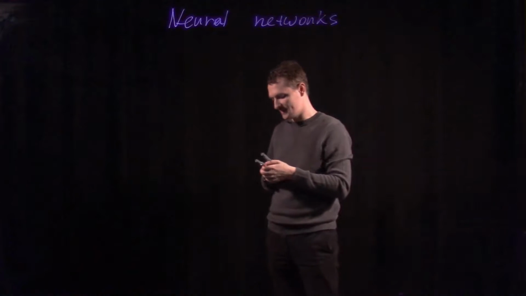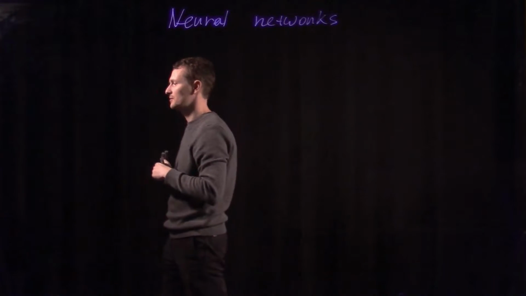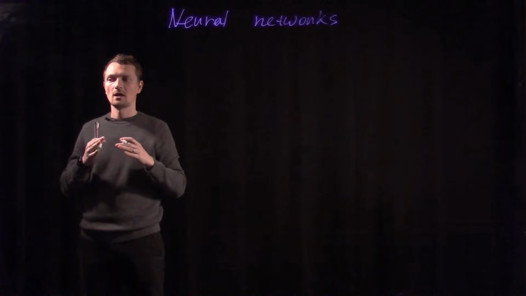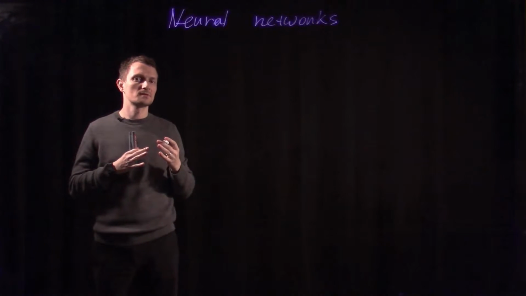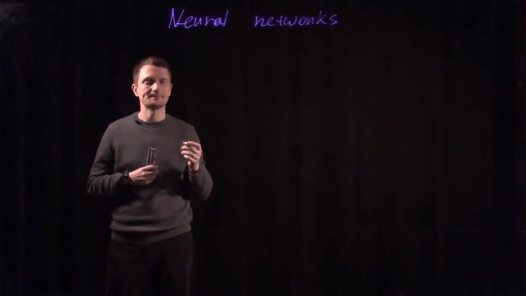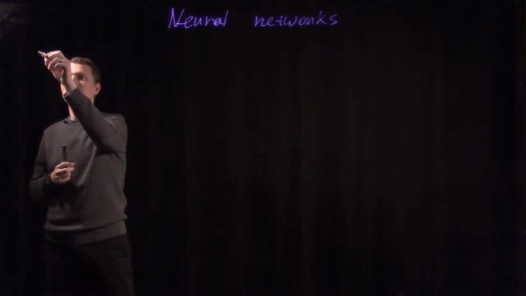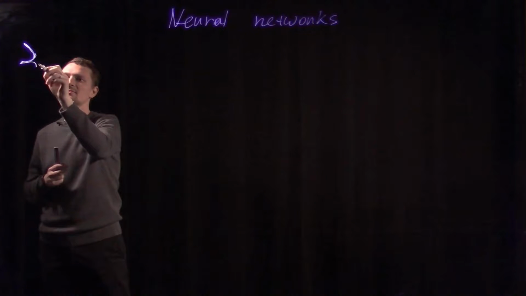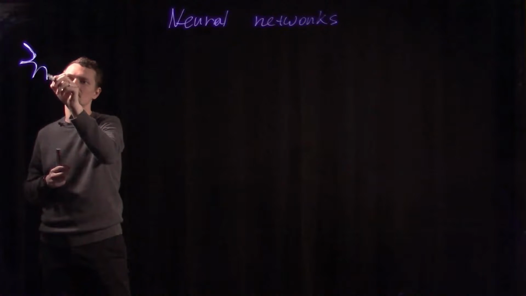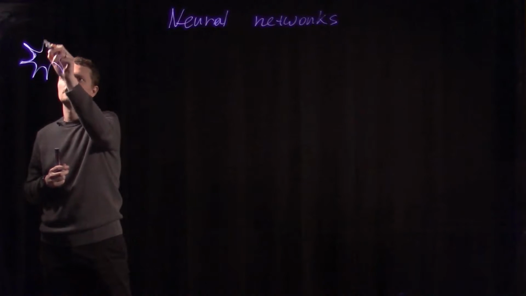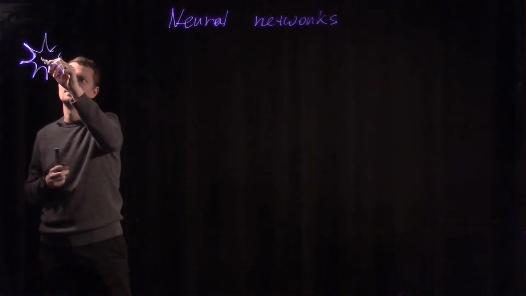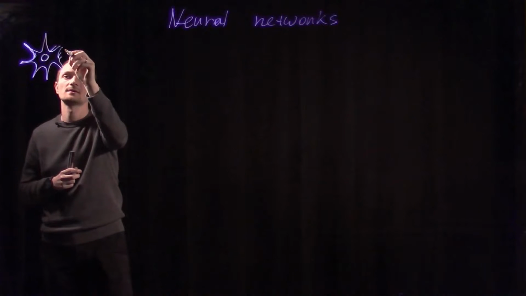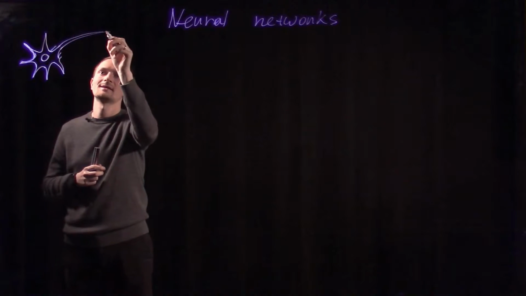The idea of artificial neural networks originated from biological neurons, or models of the neurons. The very basic idea of the model is that you have several inputs, then you have your cell, your neuron, some sort of processing unit inside, and then you have an axon.